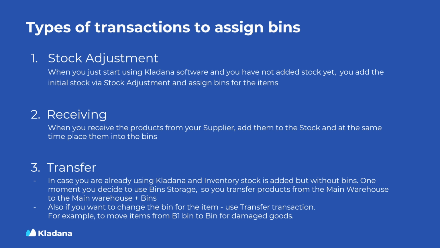In case you are already using Kladana and inventory stock is added, but one moment you decide to use bin storage, you transfer products from the main warehouse to main warehouse, but while transferring you define the bins. Also, if you want to change the bin for the item, use transfer transaction. For example, to move items from B1 bin to bin for damaged goods.